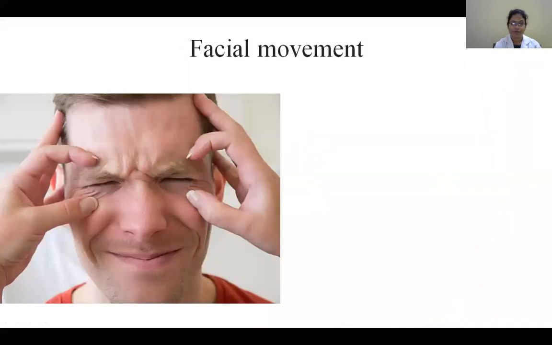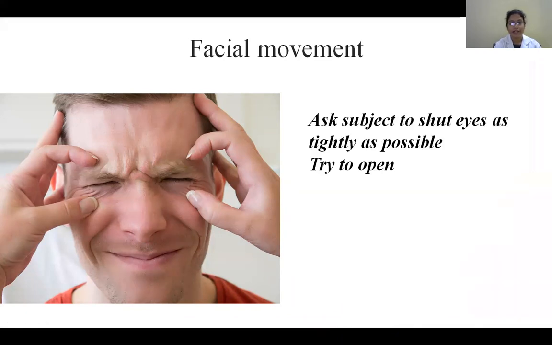Now another very important test is asking the subject to shut his eyes as tightly as possible. After the subject closes his eyes, you try to open them. This is how you place your fingers.